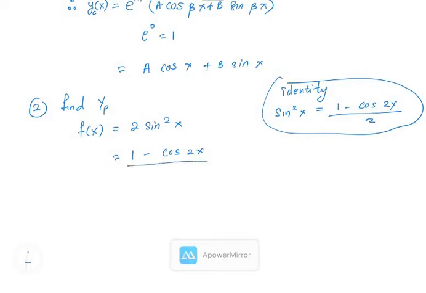So if you base on this answer, can you tell me what it is a combination of? One is a polynomial, and then cos 2x is a trigonometry. So this is the combination of polynomial and trigonometry.